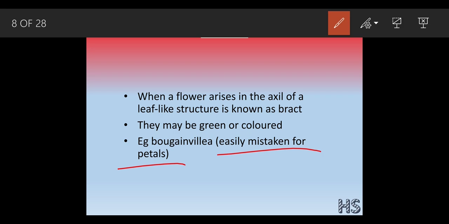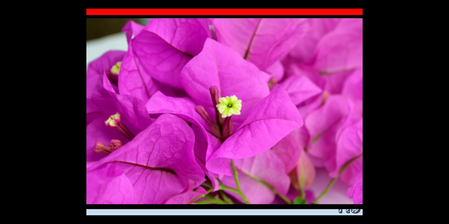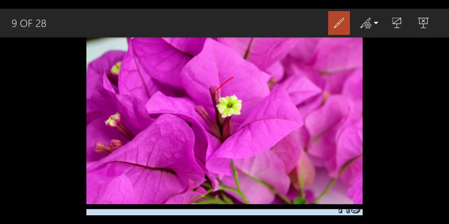See, what is the condition in the bougainvillea? Let's understand with the diagram. If we look at this diagram very perfectly, the whole part is colorful in nature, but there is a centrally located one flower.